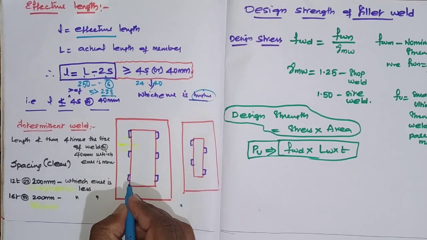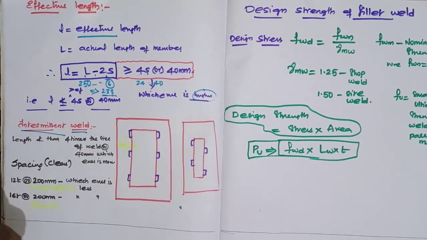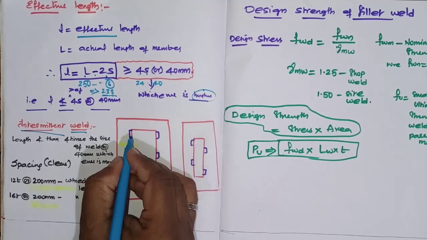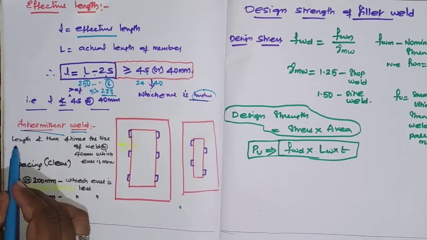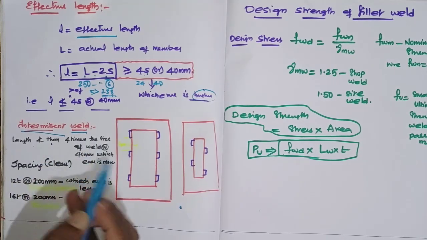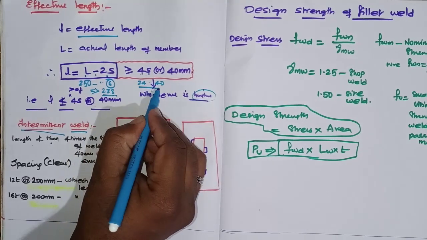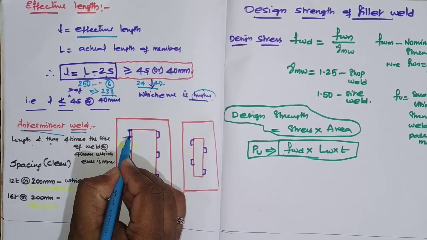Without running the weld continuously, giving some gaps is what is called an intermittent weld. The length should not be less than 4 times the size of the weld or 40 mm, whichever is more. Suppose same, 24 or 40, means this length should be 40.